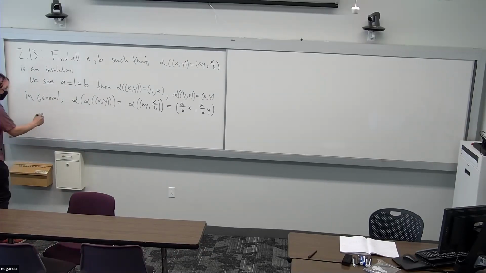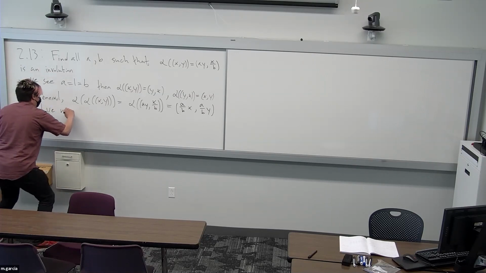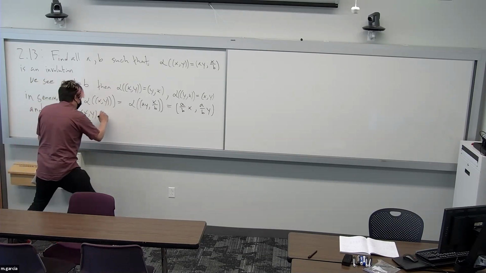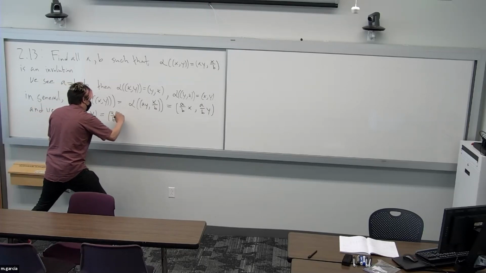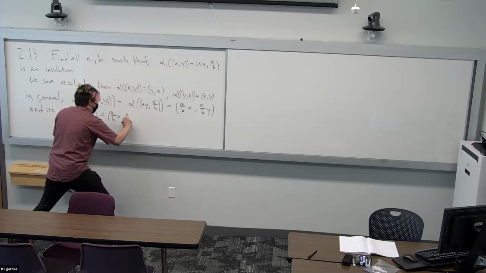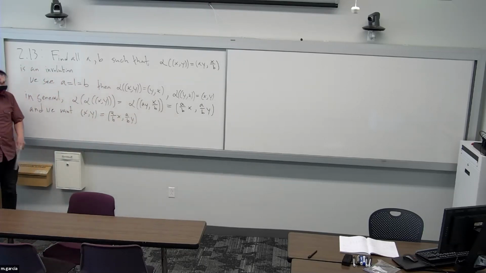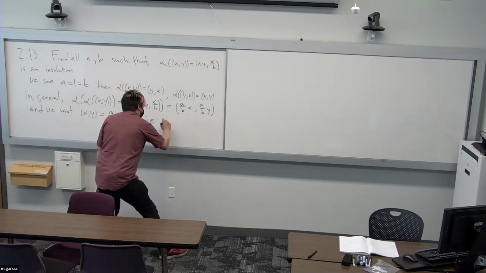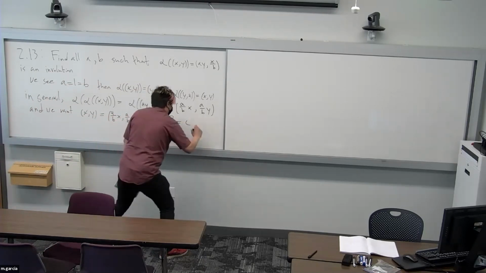So what we want, of course, is the point (x, y) to be taken to itself. That would be the characterization of alpha being an involution, i.e., this is the result of alpha squared is equal to iota.